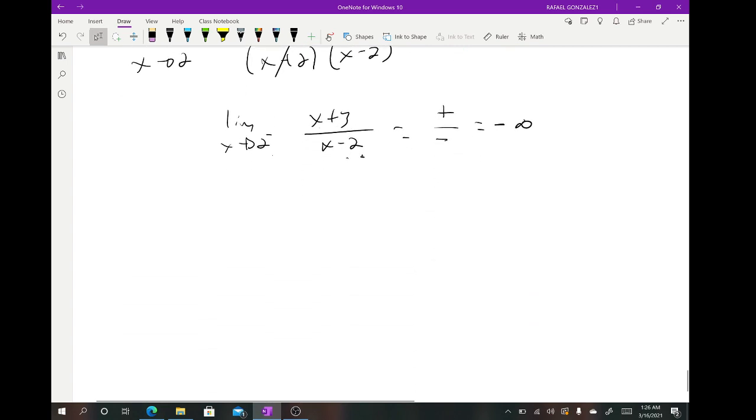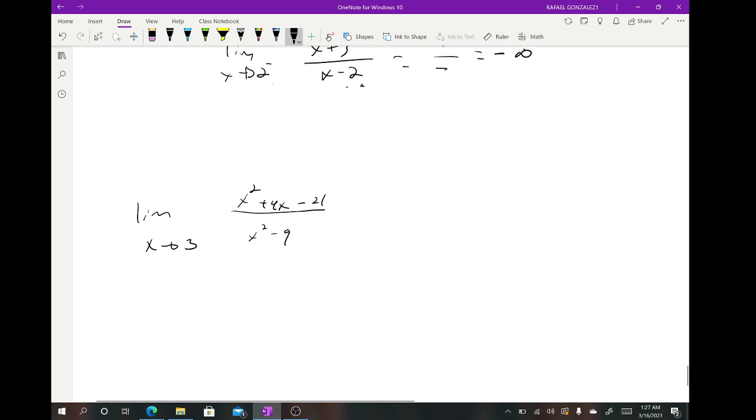Let's take the limit as x goes to 3 of x squared minus 9 over x squared plus 4x minus 21. That should work better. So for this problem, same thing.